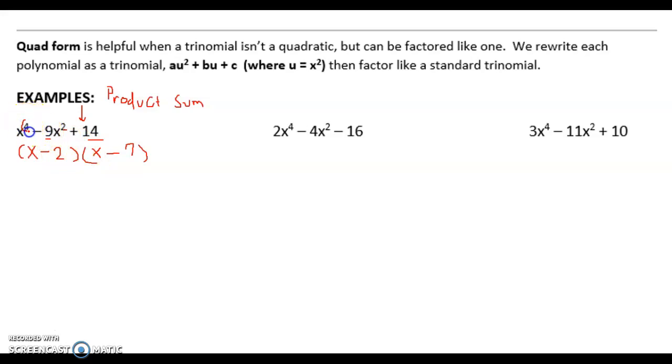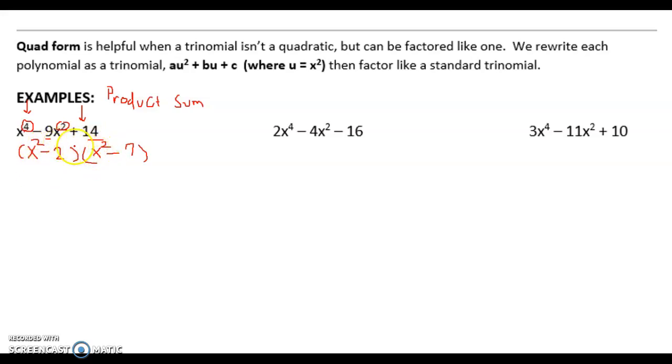Now all I have to do is make sure I get this quad form correctly. If it was just a trinomial whose degree was 2, we would be done. But because the degree is 4, we just have to play with our x's here. Instead of x's, both of these will be x squared.